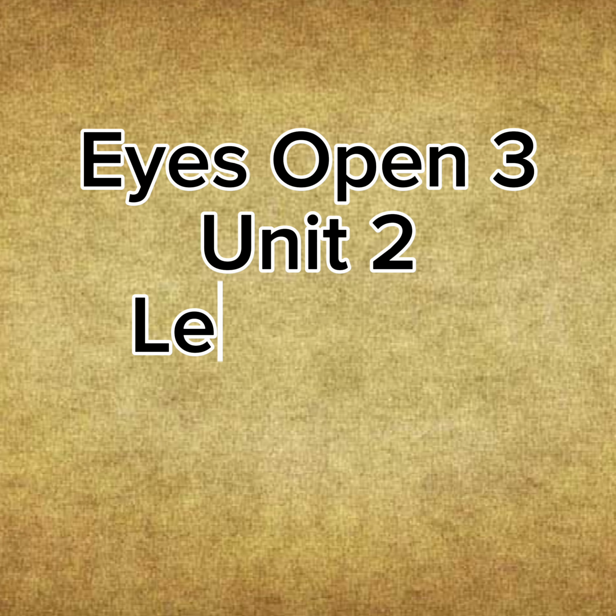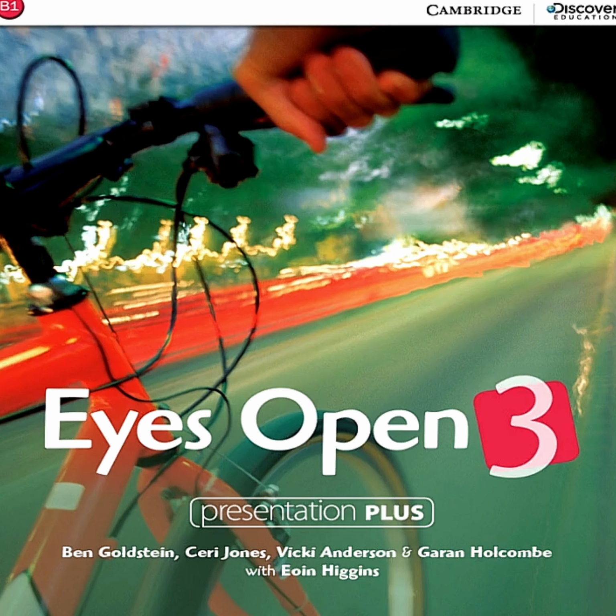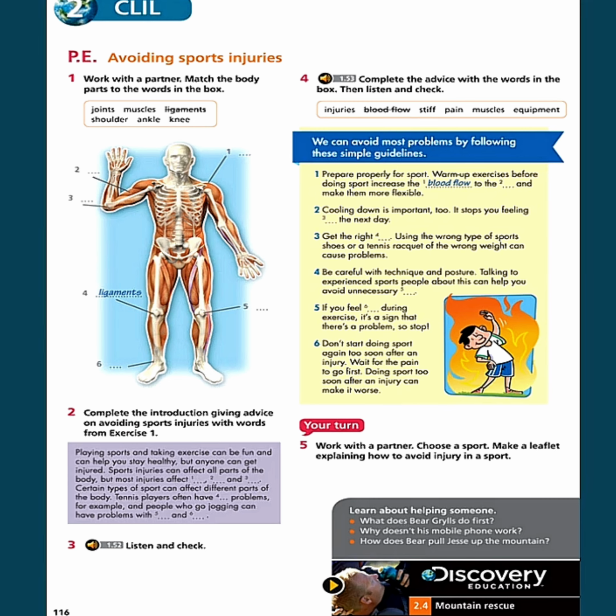Eyes Open 3, Unit 2, Lesson 12, A Balancing Act. Welcome back to Eyes Open 3, designed especially for Grade 9. CLIL, page 116, Unit 2, PE, which stands for Physical Education.